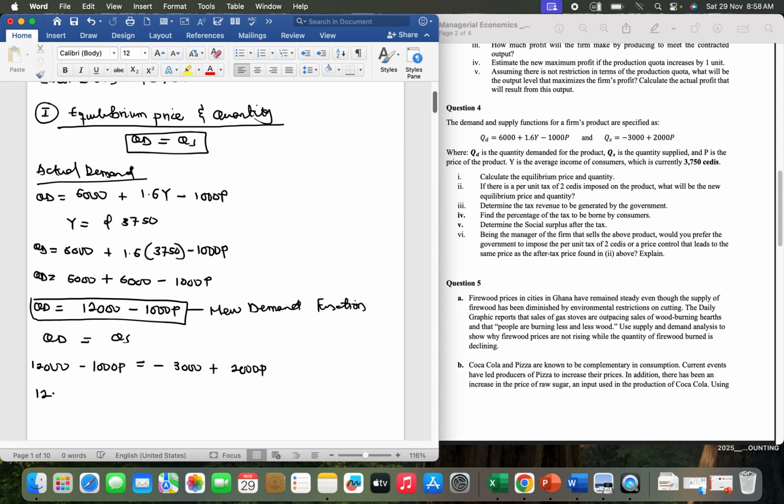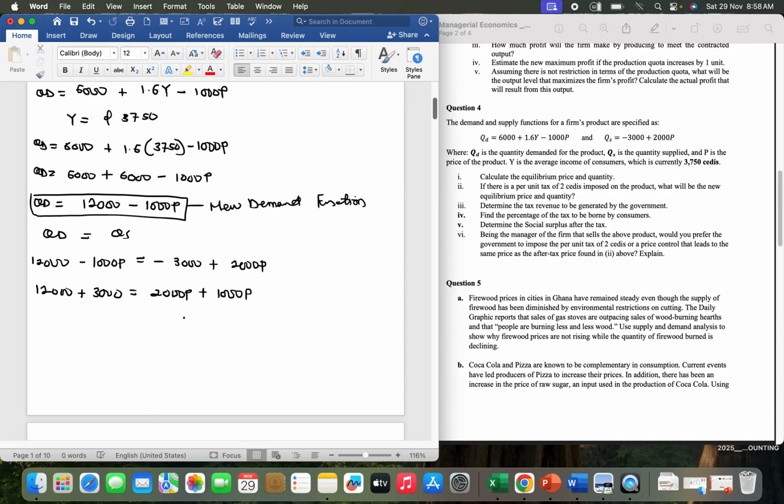So I have 12,000 here. You move this to the left hand side, becoming positive 3,000. This is 2,000 P. You move this one plus 1,000 P. So this gives us 3,000 P, which is equal to 15,000.